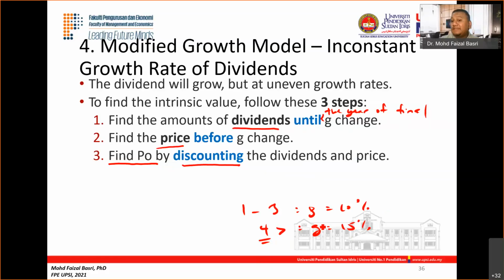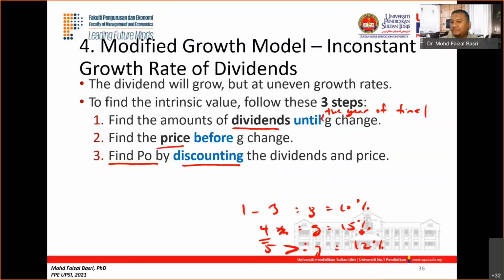Okay, so it changes once. The question can change the G multiple times juga. For example, katakanlah it's not year 4 onwards, just year number 4. Katakan year number 4 dia tukar 15%, but year 5 onwards, the G will change to 12%. So first 3 years 10%, then fourth year 15%, and fifth year onwards 12%.